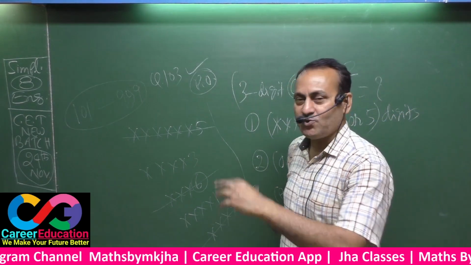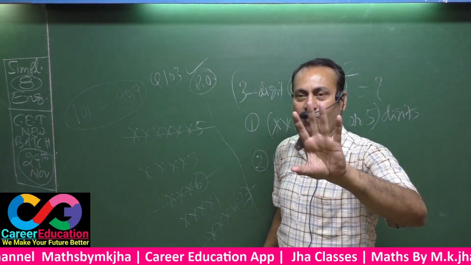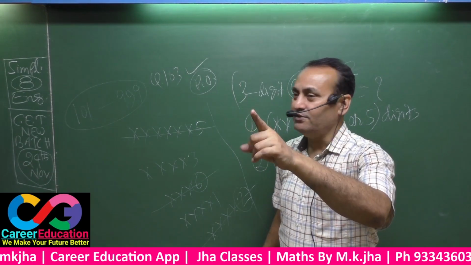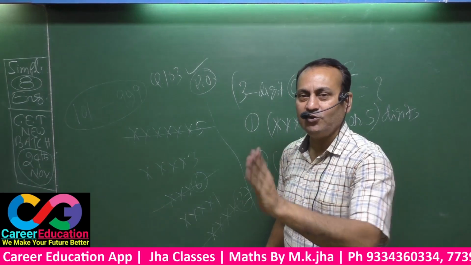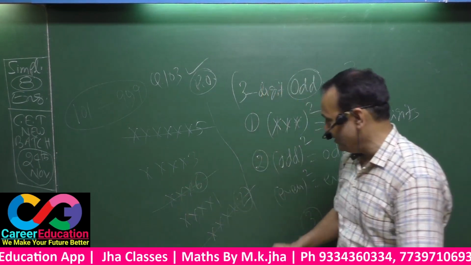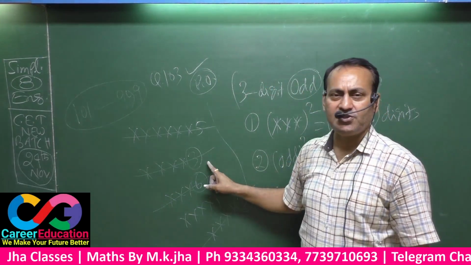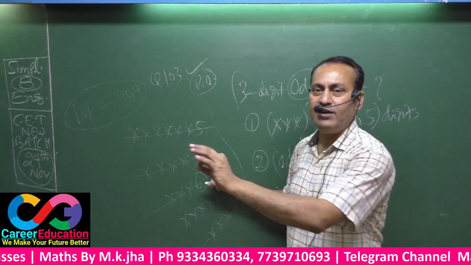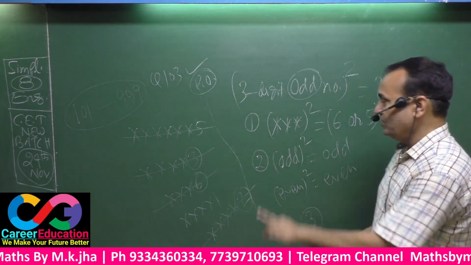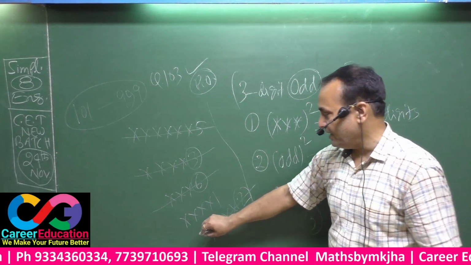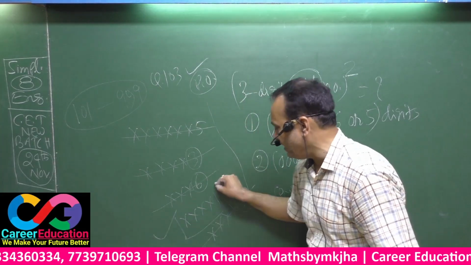Whenever you get a square value of any number, at unit place there can't be 2, 3, 7 or 8. See here, this is 3. That means after squaring, the unit place is never 2, 3, 7 or 8. That means this is not the perfect answer, and certainly this is your final answer. Note down, this is your final answer.